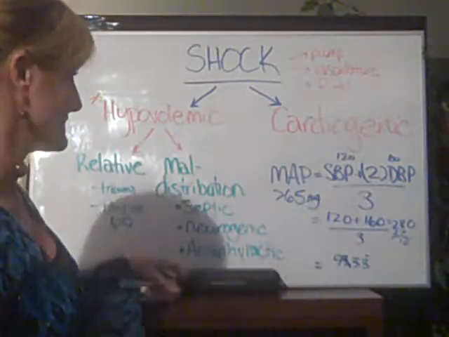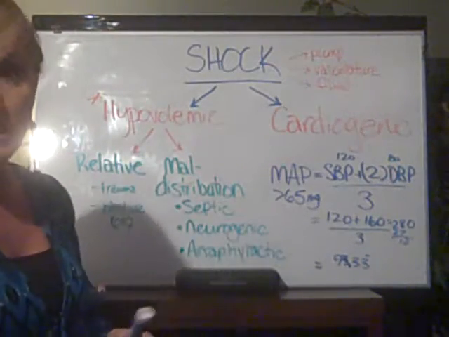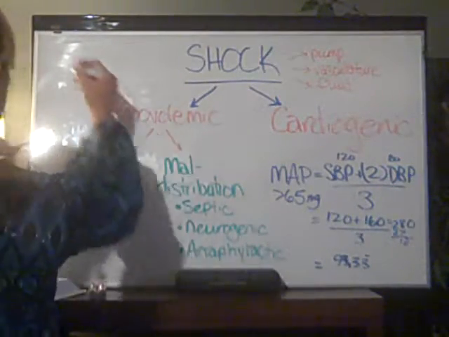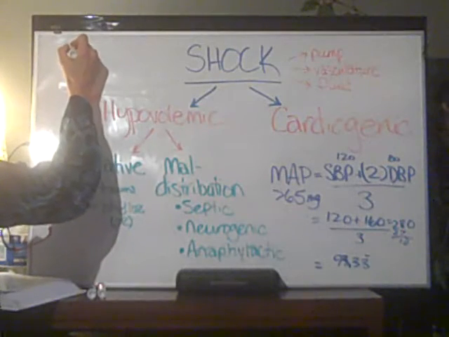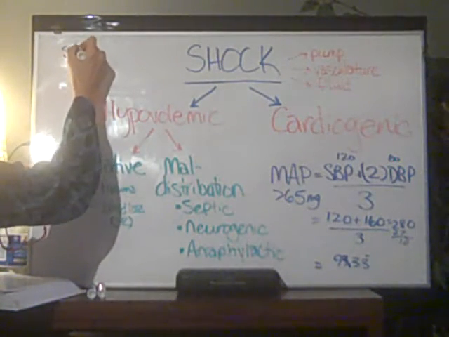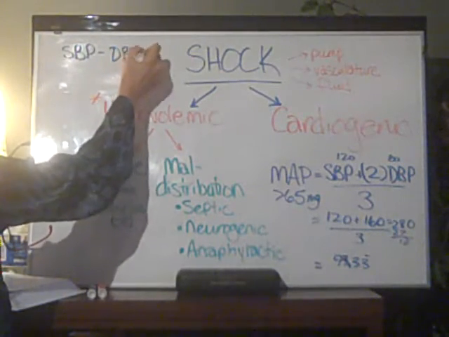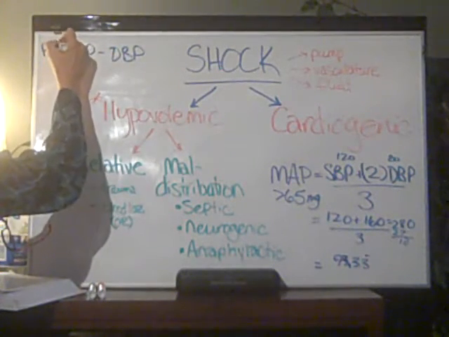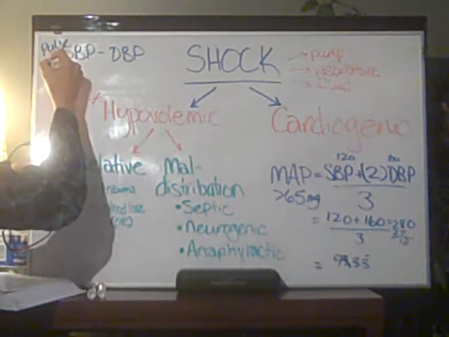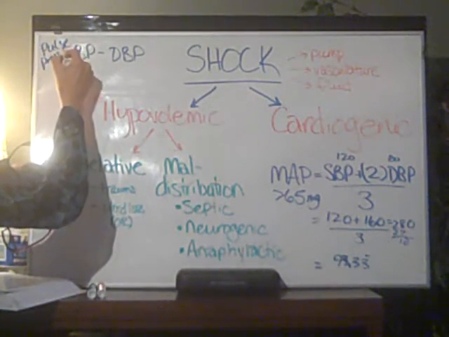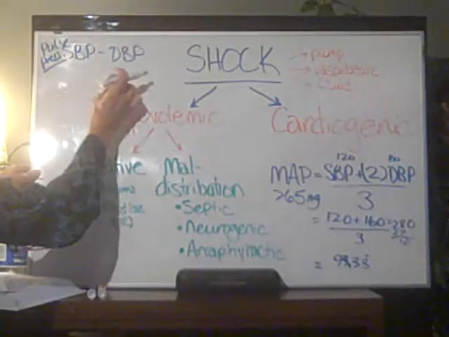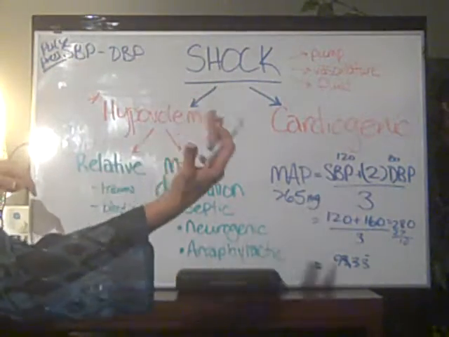The other one that's pretty simple is the pulse pressure. Your pulse pressure is just your systolic blood pressure minus your diastolic blood pressure. That's called your pulse pressure. We talked about that during hemodynamic week. When your pulse pressure starts widening, that we worry about.